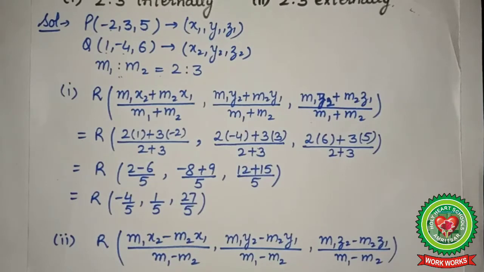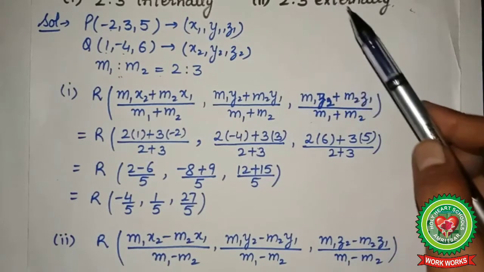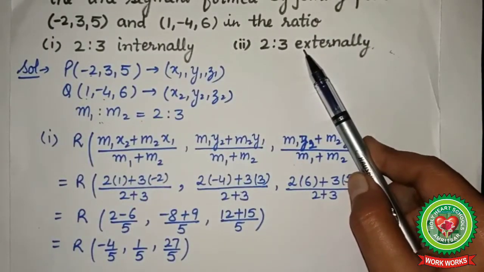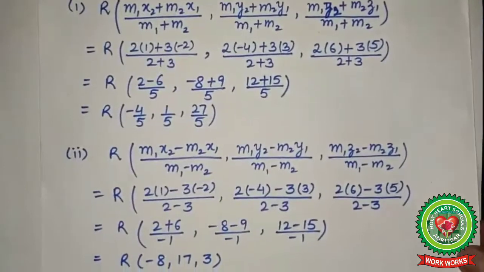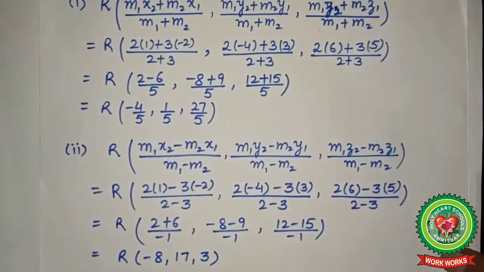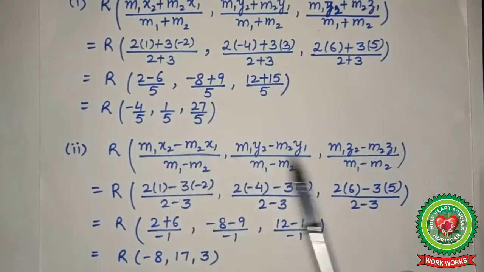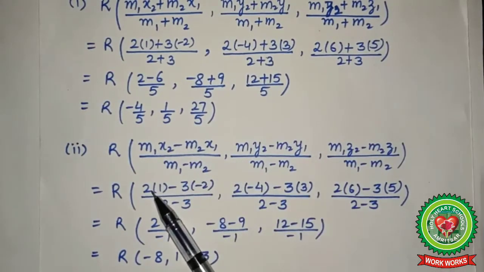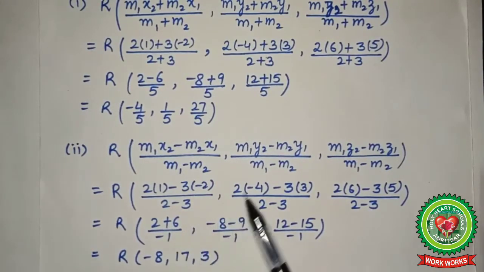Now next kind is there when the division is externally. Now same formula with the minus sign. Now you can check the calculation. It is like this. Again same formula with the minus sign. Now when you put the values you will get here 2 minus plus 6 upon minus 1.